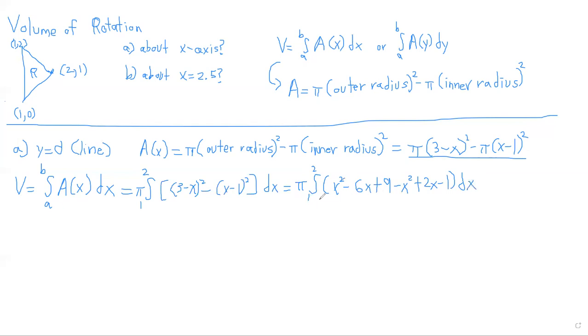Let's simplify this. The x squareds cancel out here, and this is 8 minus 4x. So that's equal to pi, integral from 1 to 2 of 8 minus 4x dx.